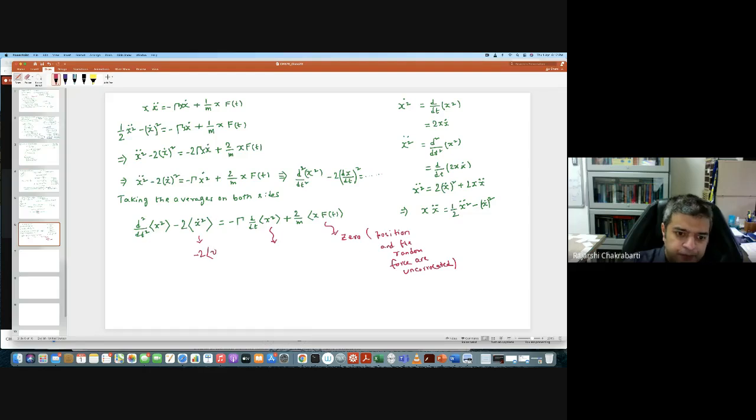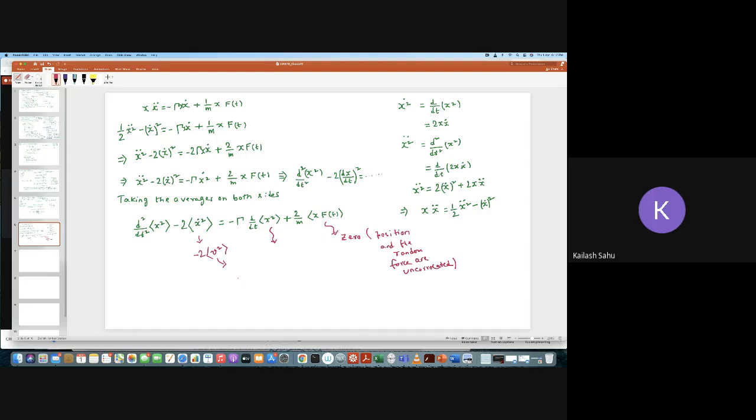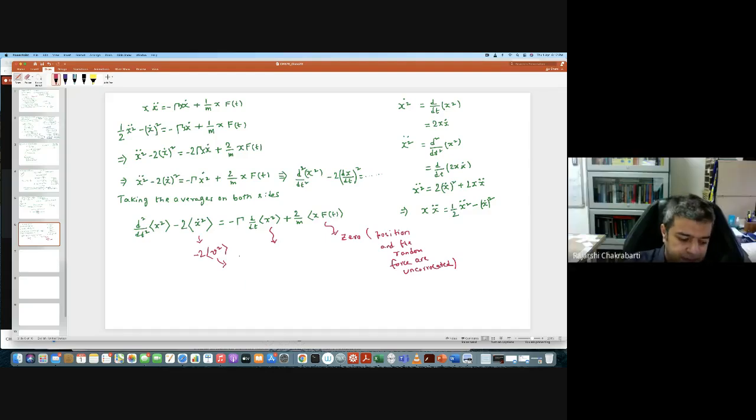It basically means v square average, the square velocity. How many of you know the equipartition theorem? What is the answer? Kinetic theory, kT by 2. So this is 2 kT by m, isn't it? So at the end of the day, what I'm getting after doing this, let me go to the other page.